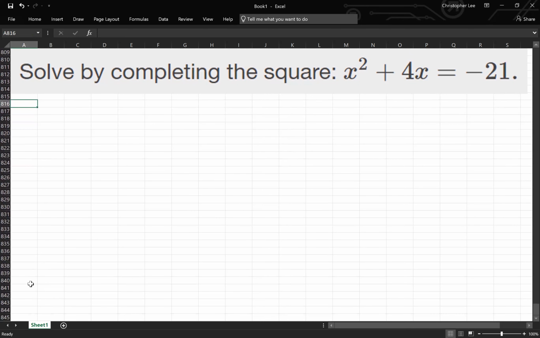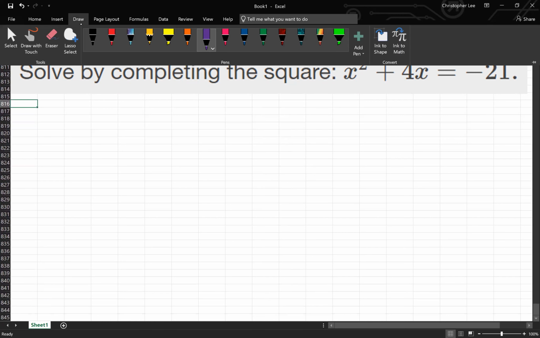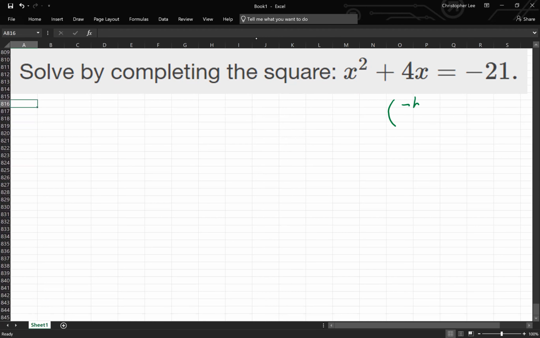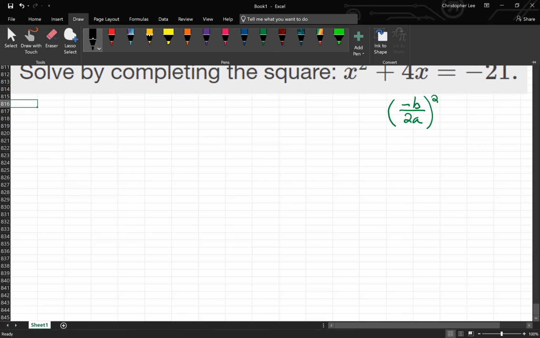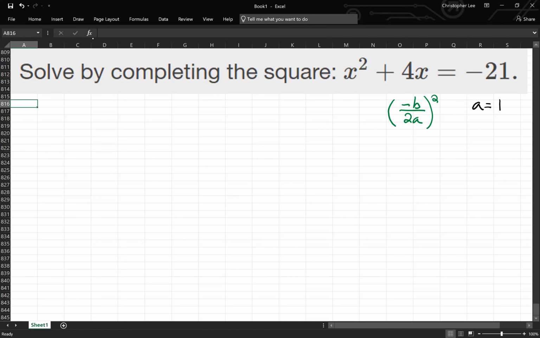Look, solve by completing the square, right? It's the same thing all over again. What's my formula? My formula is negative b over 2a, squared. In this particular question, what's my a? 1. And what's my b? 4. That's it. Plug it straight in.